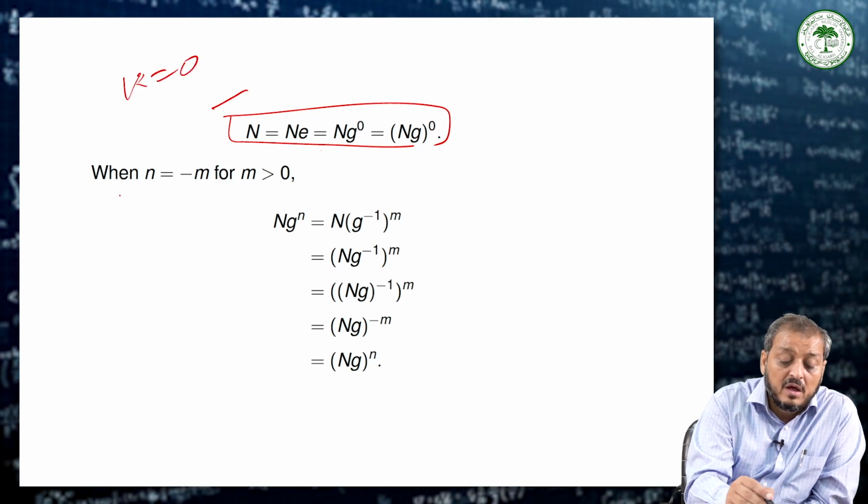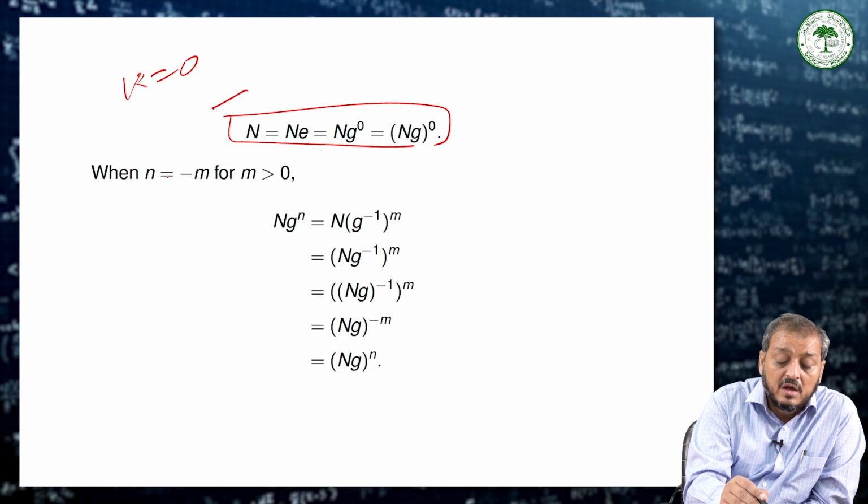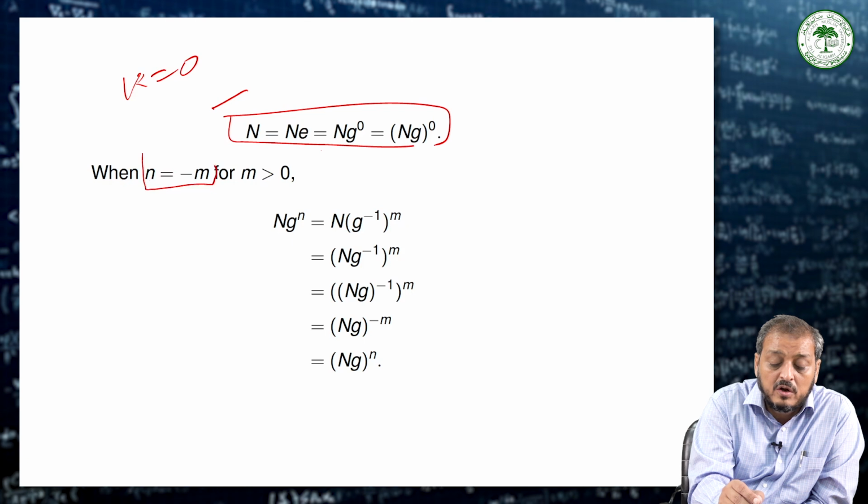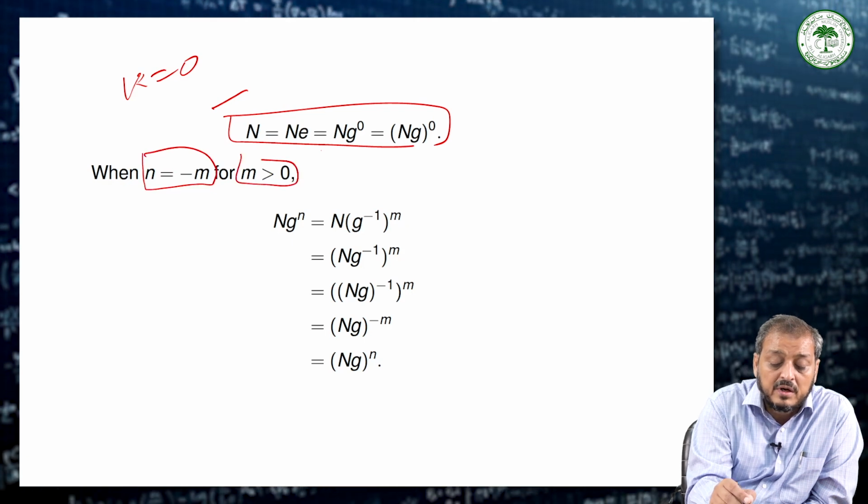Now take k to be a negative integer, say k equal to minus m, where m is greater than or equal to 0.